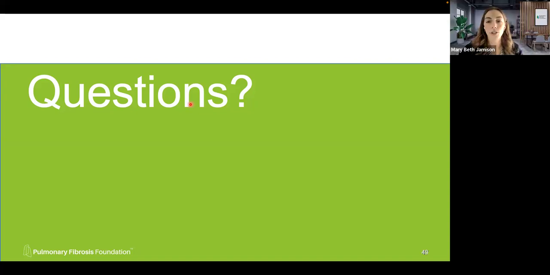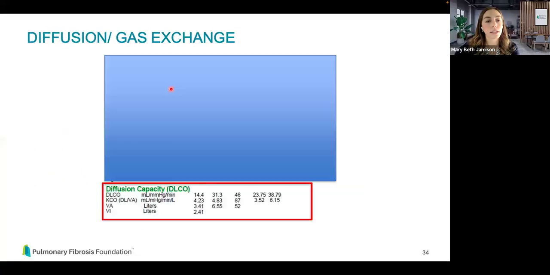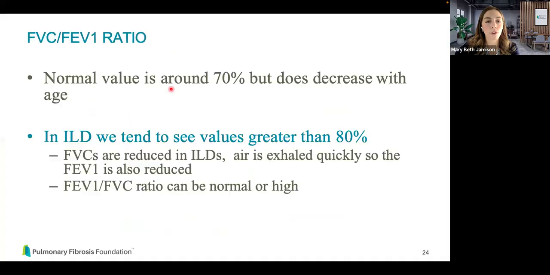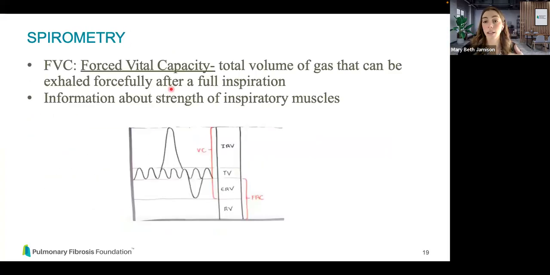Yeah, let me see if I can still go through my slides here, because I think this visual is helpful in trying to really see what a forced vital capacity is. I think describing it as if you take a big deep cleansing breath in and out, like yoga breathing, is helpful. But I think this visual really shows it.